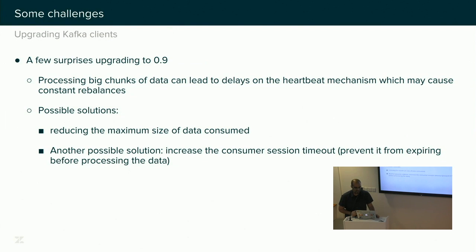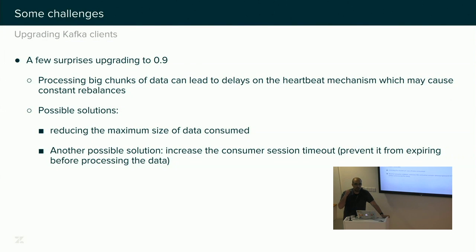At the time, there were some solutions that we saw on the internet or in technical forums, but we haven't applied them. This is just what most of the people were saying fixed their problem: to reduce the maximum size of data consumed, which we couldn't because we had to deal with those big message sizes. Another possible solution was to increase the consumer session timeout and prevent it from expiring before processing the data.